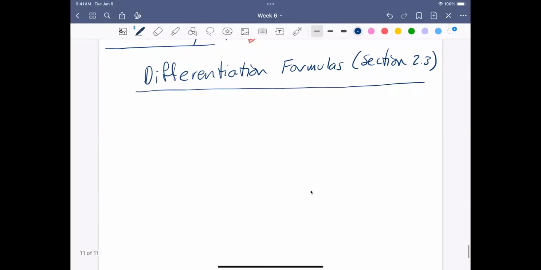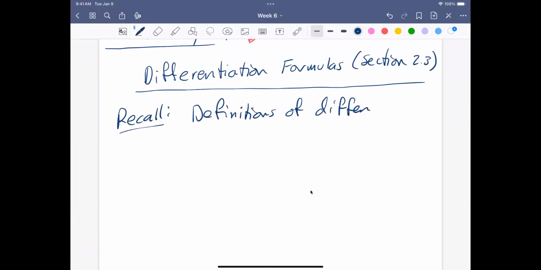So as we saw in discussion yesterday, we want to recall what our definition of differentiation is. We've got two of them.